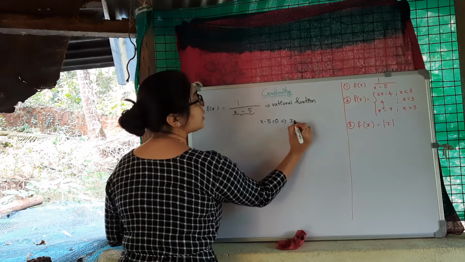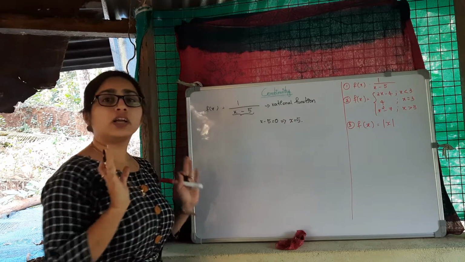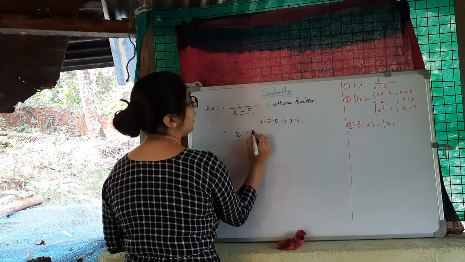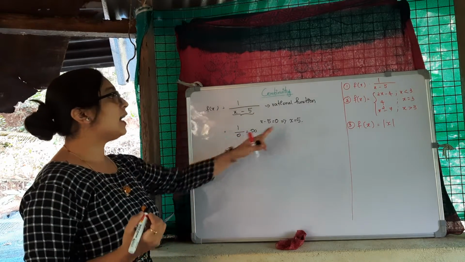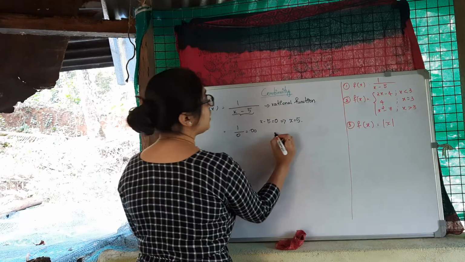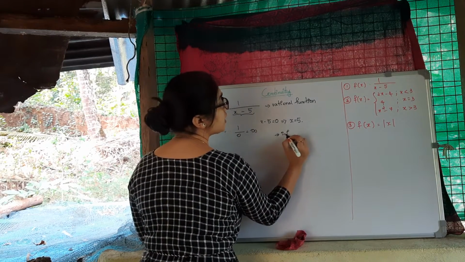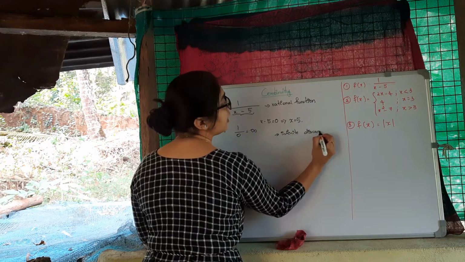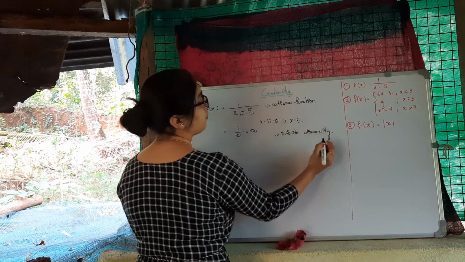That is, when x is equal to 5, it is not continuous. Why? Substitute x is equal to 5, you will get infinity. So at x is equal to 5, there is an infinite discontinuity.